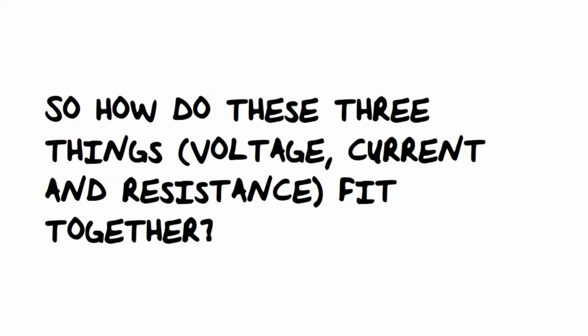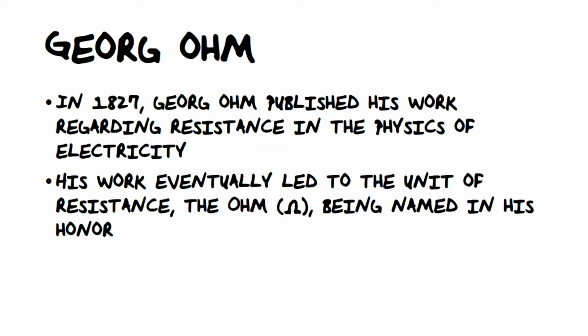So how do these three things, voltage, current, and resistance, fit together? In 1827, Georg Ohm published his work regarding resistance in the physics of electricity. Even though Ohm's law is considered commonplace today, that wasn't so when his work was published. His findings were met with much resistance from German educational institutions.